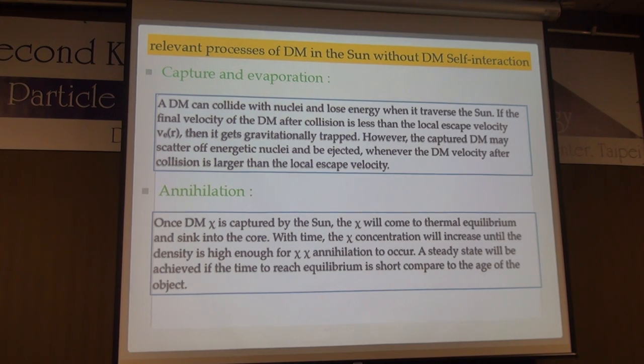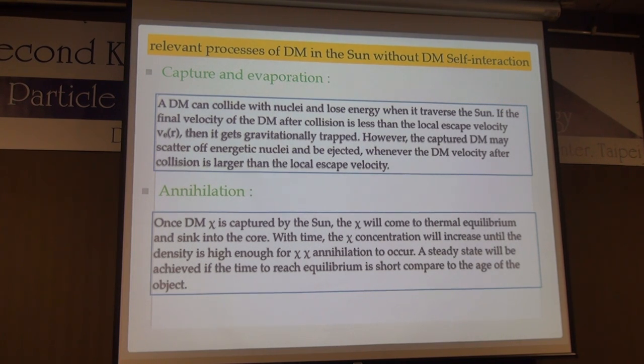The other is annihilation. Because we have more dense dark matter, it has a chance to meet itself, then annihilate into standard model particles, and it will disappear. So in the end of the day, the dark matter number will reach equilibrium as these three processes balance each other. However, in our study, we consider something more complex, since we consider dark matter self-interactions. So we have capture due to dark matter self-interaction.